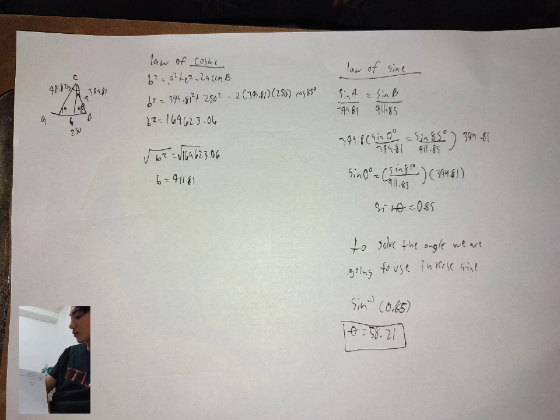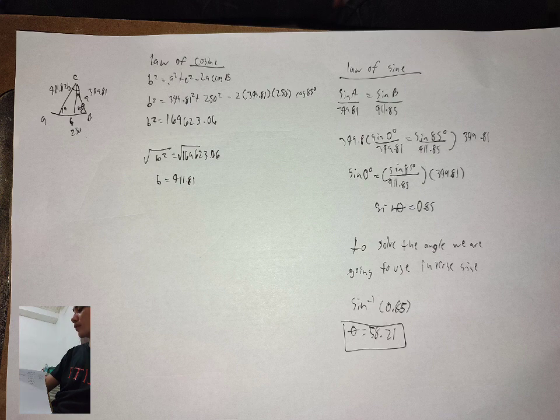So B squared equals 169,623.6. So you take the square root of both sides. It will give you the answer for B equals 411.81. So that's the law of cosines. So the law of sines is sine A over 349.81 equals sine B over 411.81.